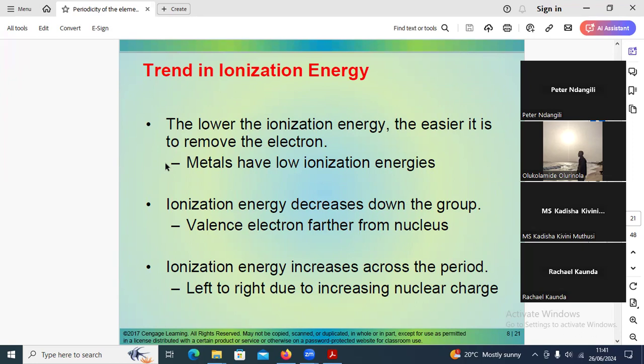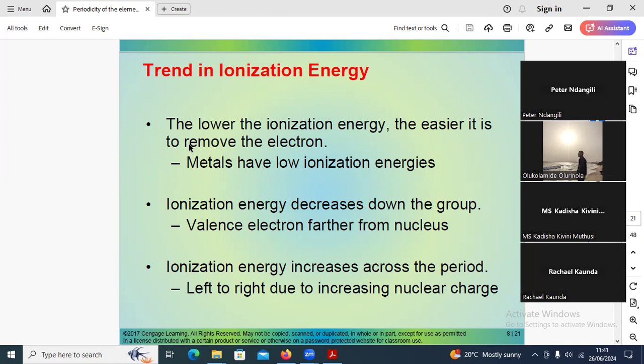Metals have low ionization energies because metals are s-block elements. S-block elements lie to the left of the periodic table. And the left part is where we have very low effective nuclear charges. Remember, effective nuclear charge increases as you go across a period.